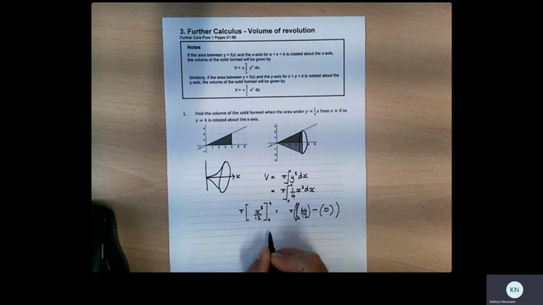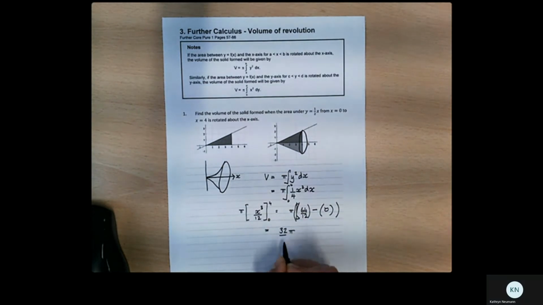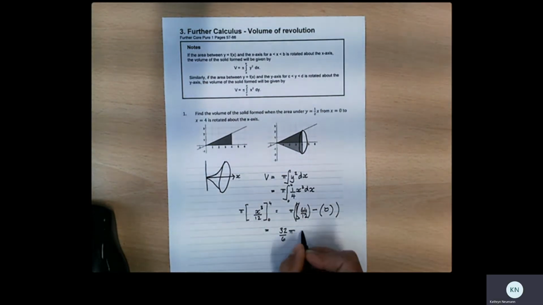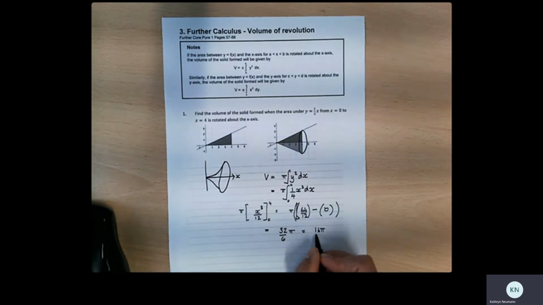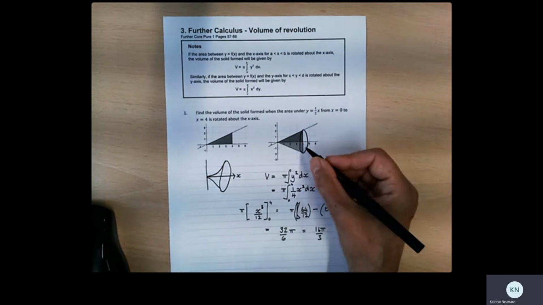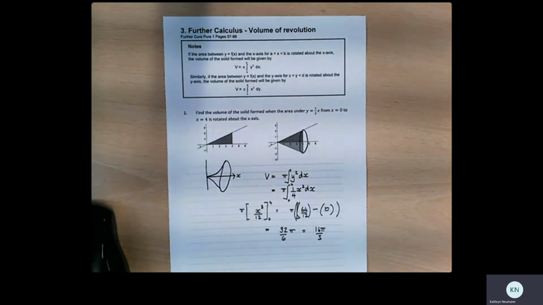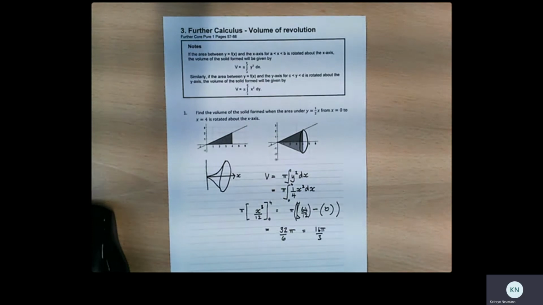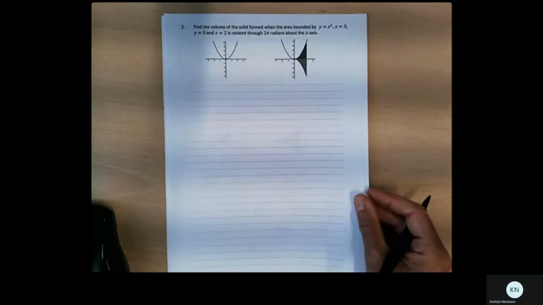I muddle with my brackets, and that's equal to, this is going to cancel, 32 pi over 6, and then that cancels again to 16 pi over 3. And that's the volume of the cone that we produced here. Moving on to the next example.